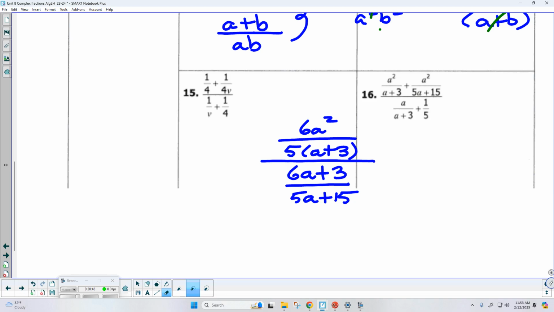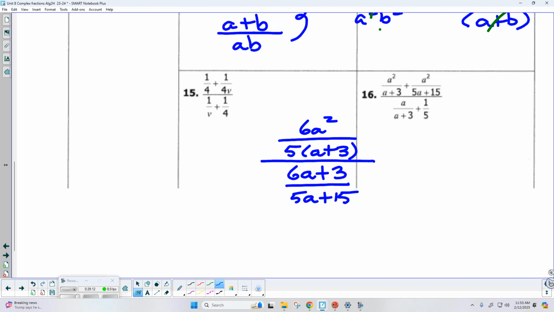Is everybody okay so far? Now, out of the 4 parts, let me ask you this question, Ridley. Out of the 4 parts, how many still need to be factored? Okay, so the numerator on the bottom and the denominator, so 2 parts total.